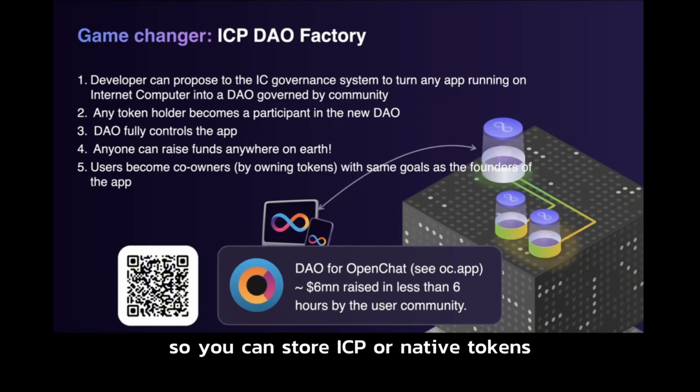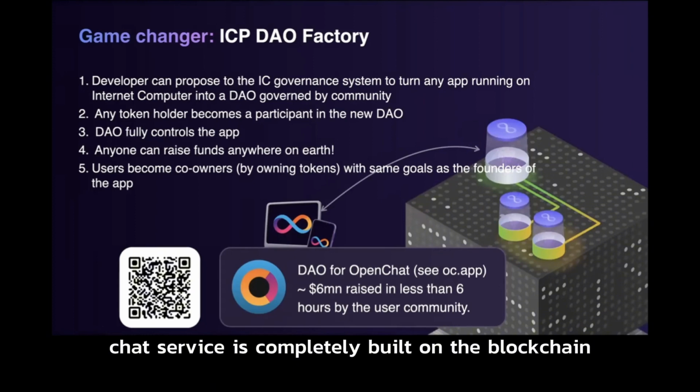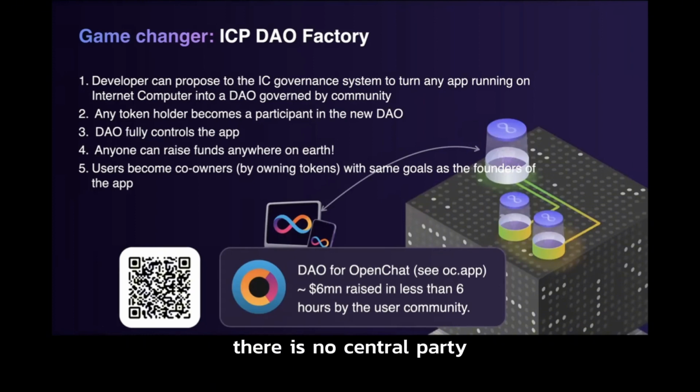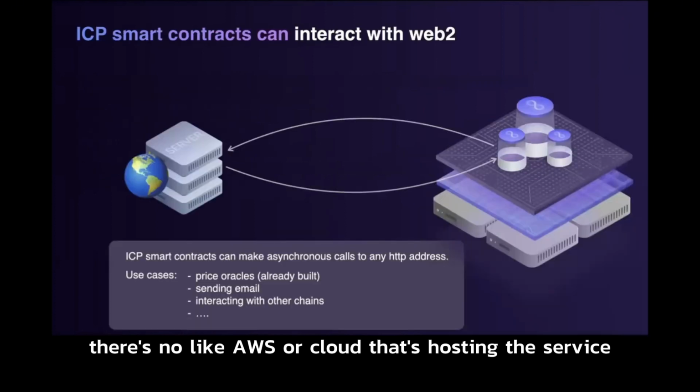So you can store ICP or native tokens, you can store Bitcoin, and you can share tokens and cryptos with your friends over chat messages. And this chat service is completely built on the blockchain. There is no central party. There's no AWS or cloud that's hosting the service.